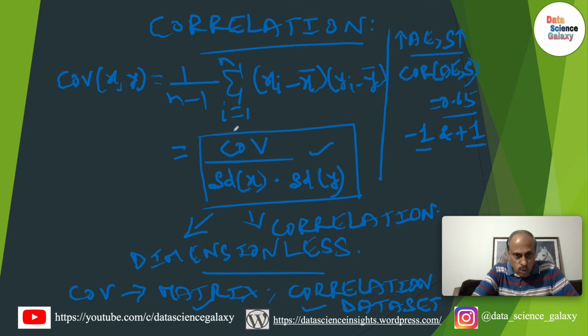So whenever you take the covariance and divide it by the product of the standard deviations of both variables, what you get is the correlation. And the value lies between -1 and +1, which tells a lot about the direction of the relationship and, more importantly, the strength of the relationship.